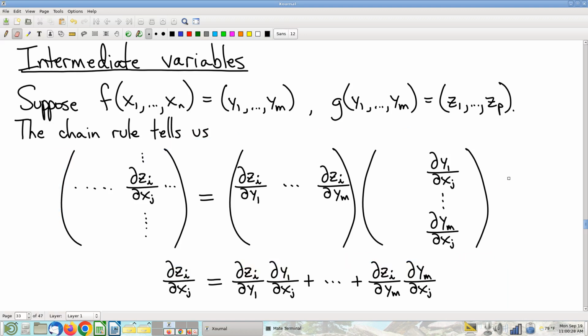But let's notice then, if I were to pick out just one element of the product, and if I want to compute that, how would I compute that? Well, it's a matrix multiplication.